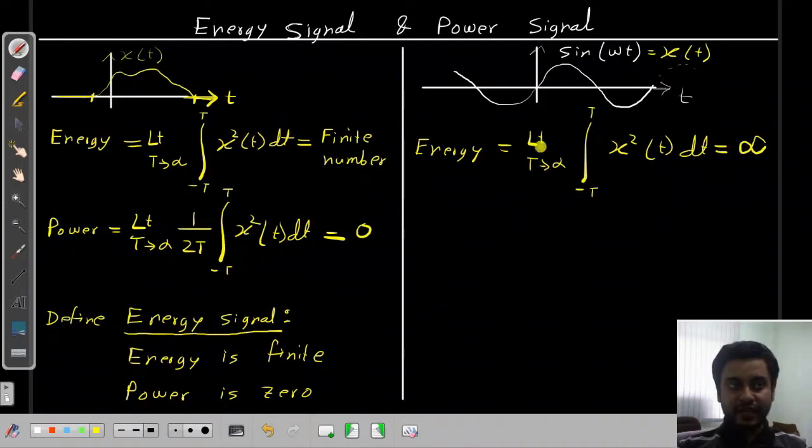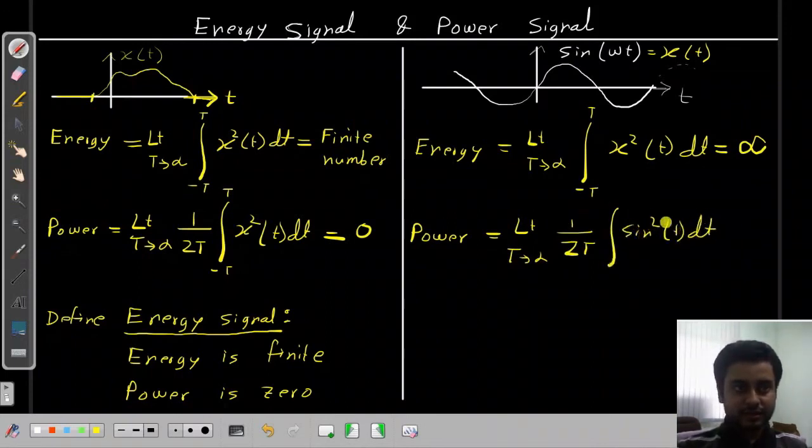As you take larger and larger values of time, your result of integration will be larger and larger. But if you calculate power, that is going to give you a finite number, because as the range of time increases, the total energy increases and proportionally the time also increases.